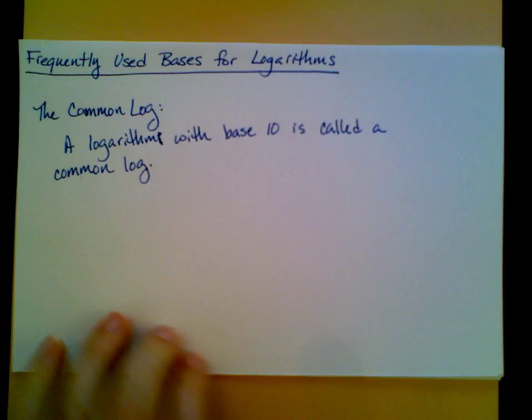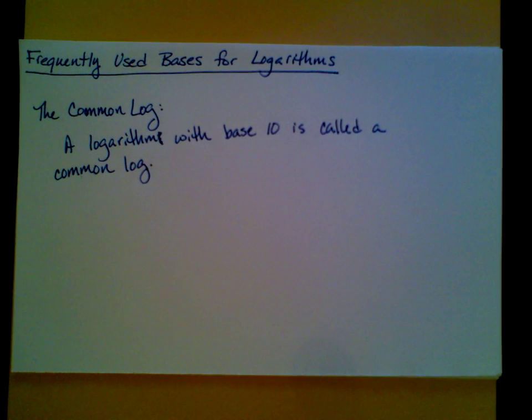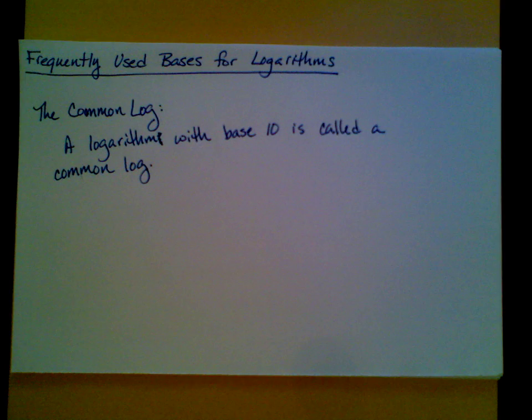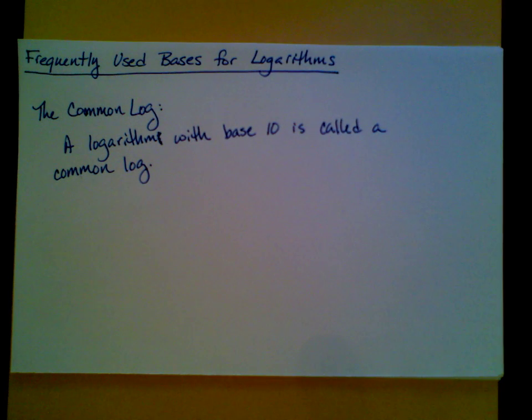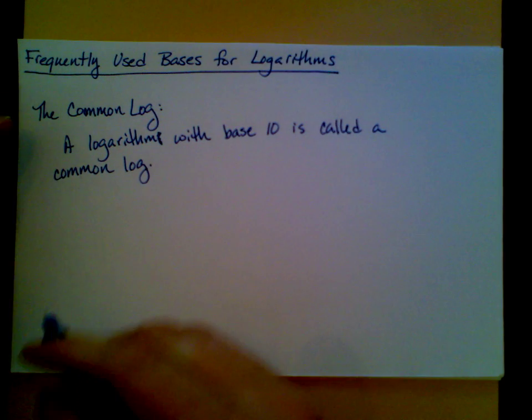And this is useful because our whole number system is base 10. Our decimal place, well, decimal means 10, and we've got our place value system with tens place, hundreds place, thousands place. Those are all powers of 10.